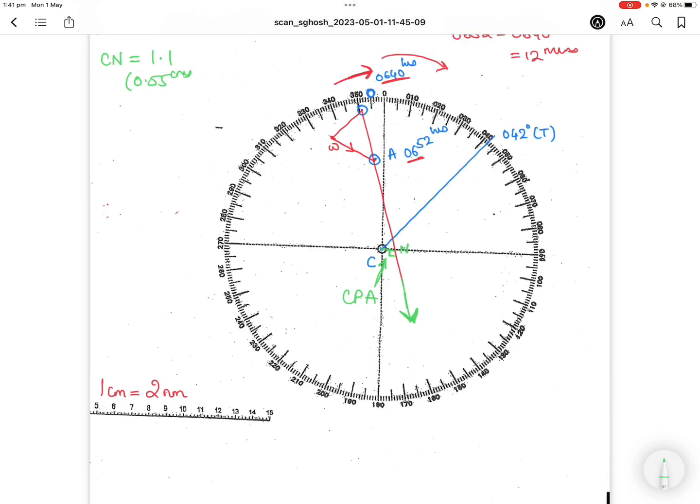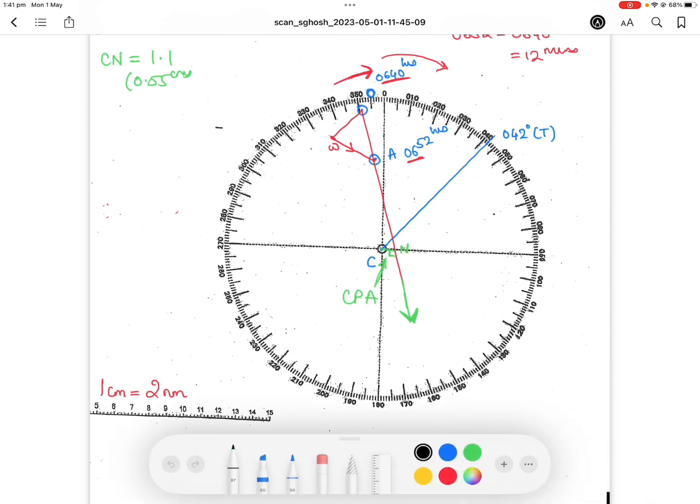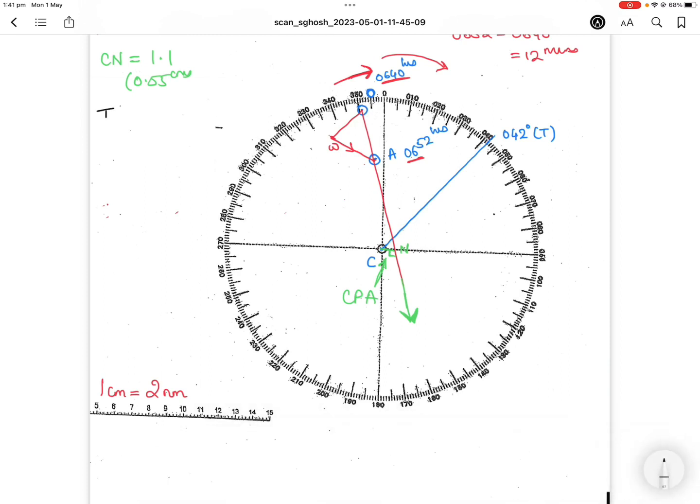All right, now we can do time to CPA, or TCPA. To measure out TCPA, what you are basically doing is calculating how much time the target vessel will take, with respect to your movement, to cover this distance here, AN.